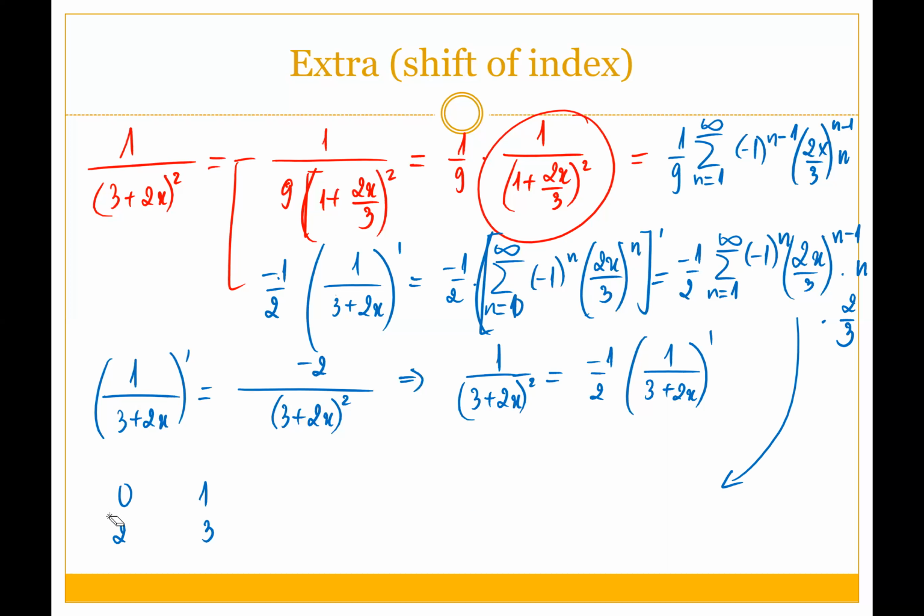So you're gonna have negative 2 for sure. And then this one is gonna give us the series from negative 1 to the n minus 1 over 3 to the n minus 1.